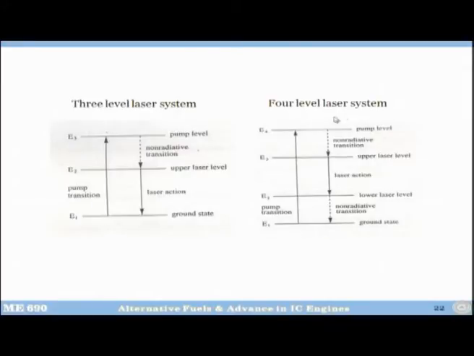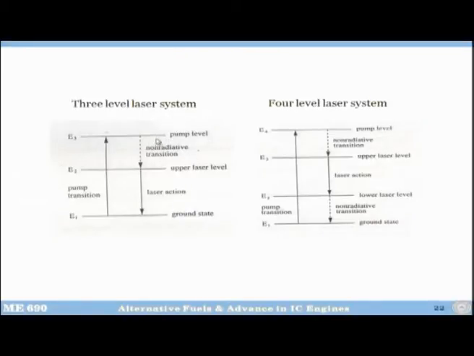So, in these systems, this is the ground state, and this is the upper laser state, and this is the pumping state. What happens is that when you pump energy which is higher than the upper energy state, the electron moves into the upper pump level, and from the pump level it undergoes a non-radiative transition.